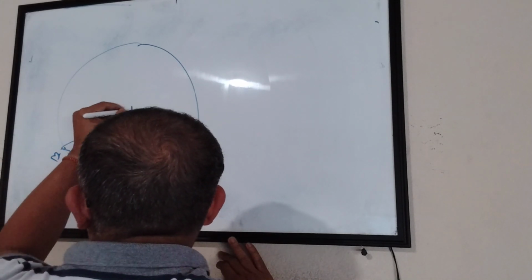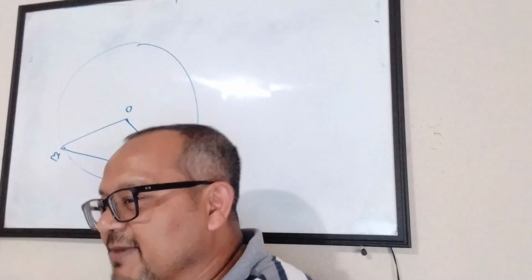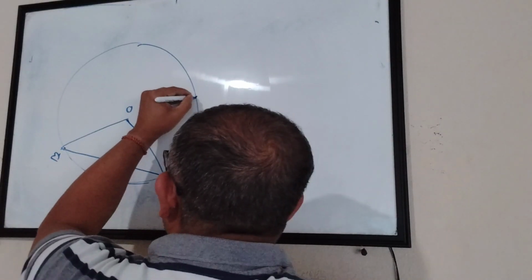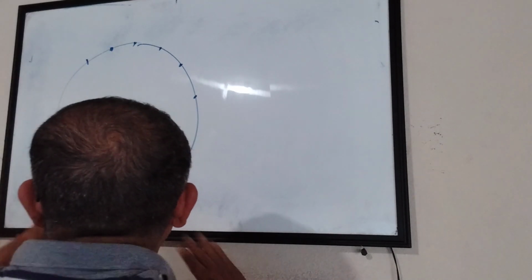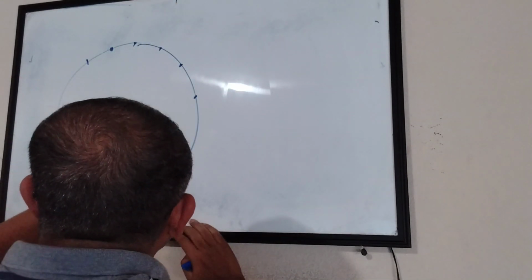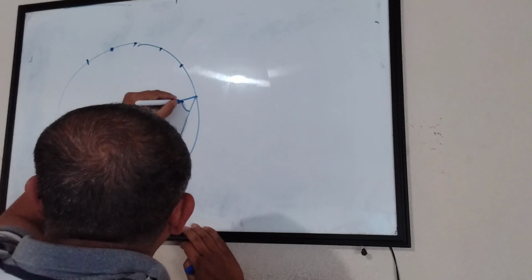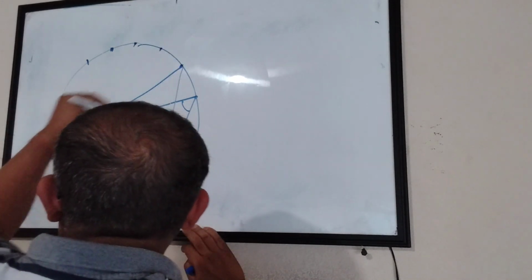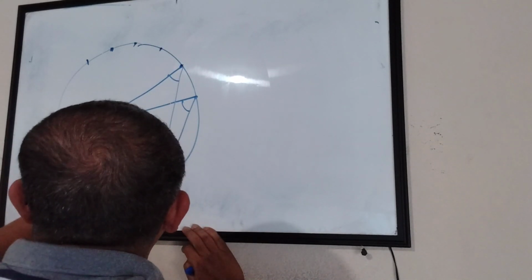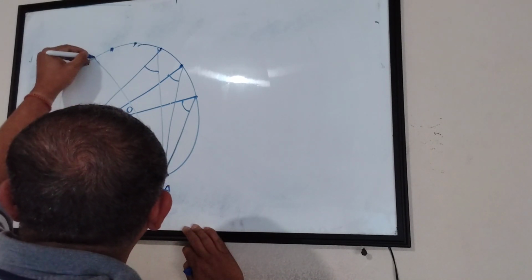Let's say my center is O. Now let me tell you guys a magic trick, mathematical magic. You pick any point here or here or here, anywhere, but make sure this is on one side. If you join this point, this angle will be half of this angle. This angle will also be half of this angle. This angle will also be half of this angle.